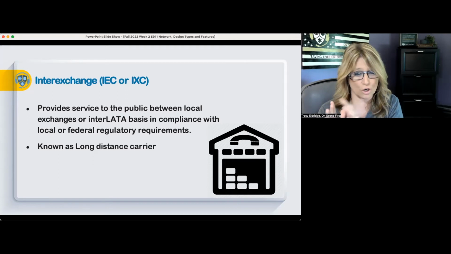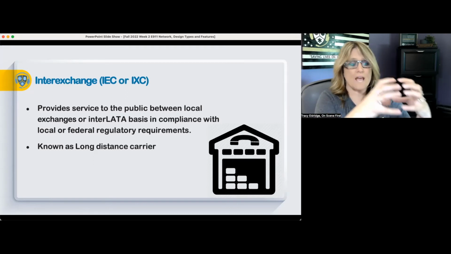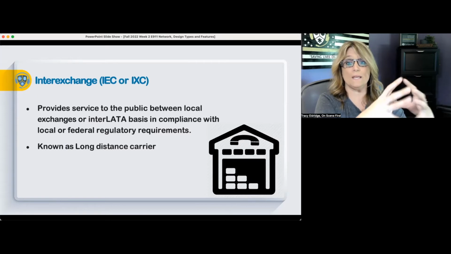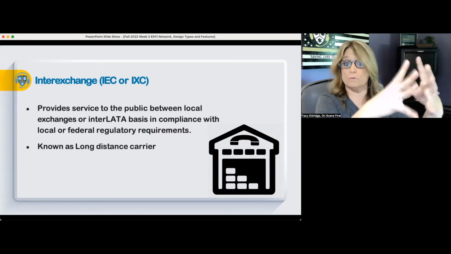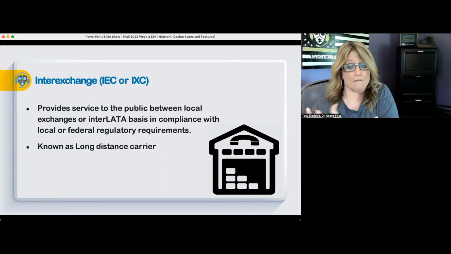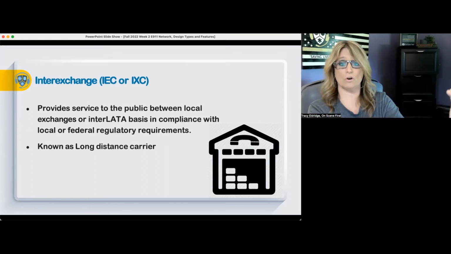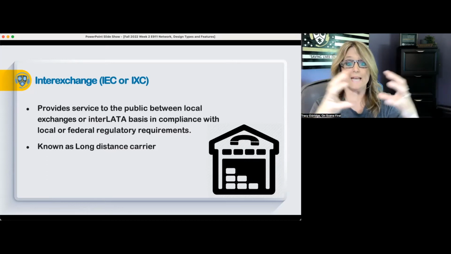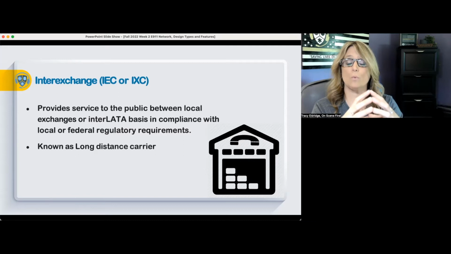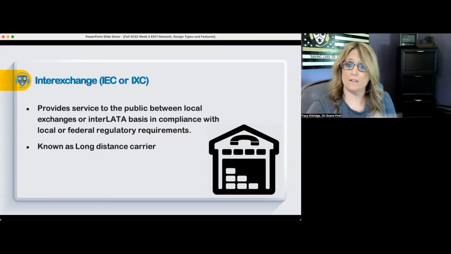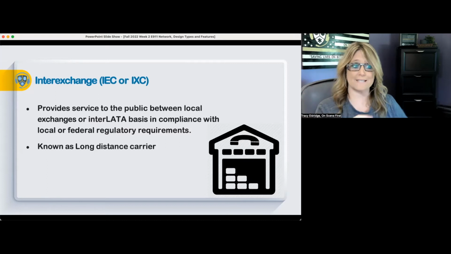Remember, inter. So just think of it as a building that sits between two places, two LATAs. One is mine, intra, rah, and one is not mine, inter. It's going to house the place where the connections are made to be able to connect those two LATAs. That's what the inter-exchange is.